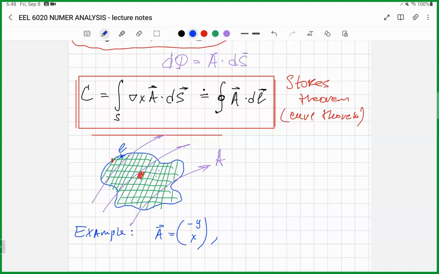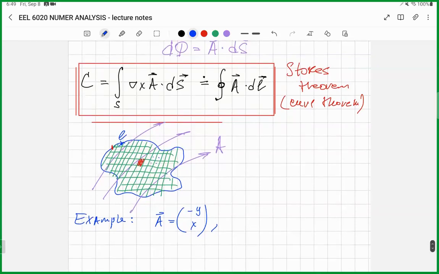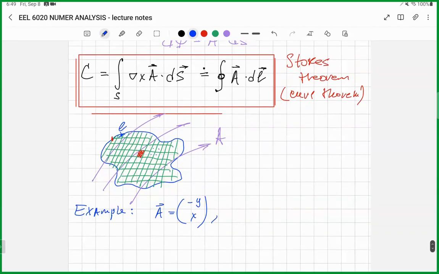And of course, analytically, for the given vector field, we can find the curl and then calculate this integral, so we don't really need to sum up all these contributions, right? The result will be given automatically. And the point, of course, is that finding surface integrals is easier than finding path integrals. I mean, usually, of course.